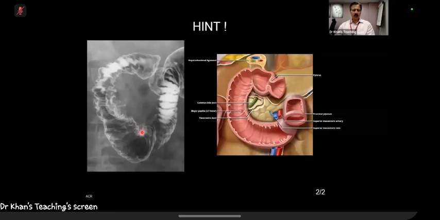But if you look carefully, this also tells you when an extrinsic mass is next to what we call a lumen, may it be duodenum, stomach, large gut, etc. What will happen is that there will be an impression or compression, extrinsic compression.